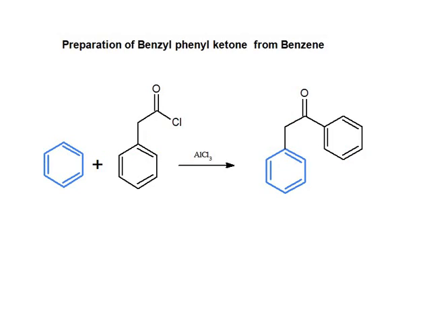Next reaction we have seen: benzene on treatment with phenyl acetyl chloride. This benzene can be treated with phenyl acetyl chloride in the presence of aluminum trichloride. What happens?